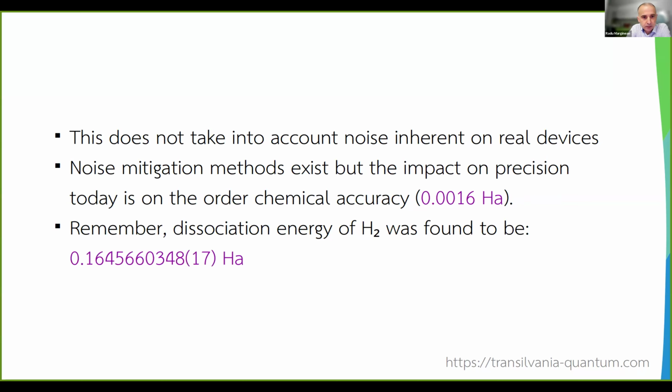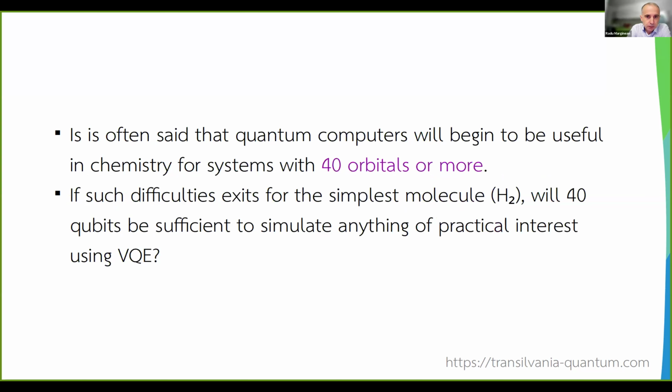As you see, the results obtained using VQE and using just a few orbitals, or even some larger orbitals, are quite far from the very precise results that you would get using conventional quantum mechanical calculations. It is often said that quantum computers will begin to be useful in chemistry for systems with 40 orbitals or more.